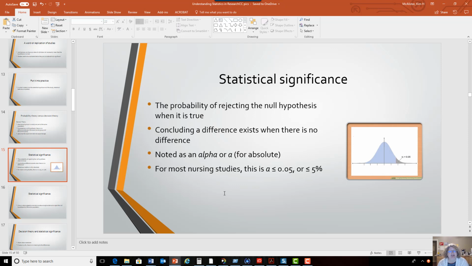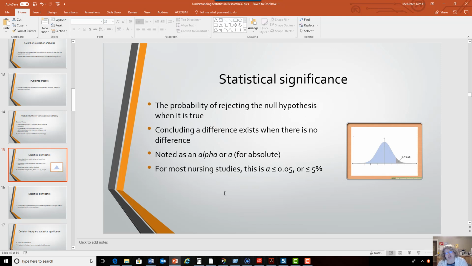Statistical significance is the probability of rejecting the null hypothesis when it's true. That is, concluding that a difference exists when there is no difference, and it's noted as alpha.